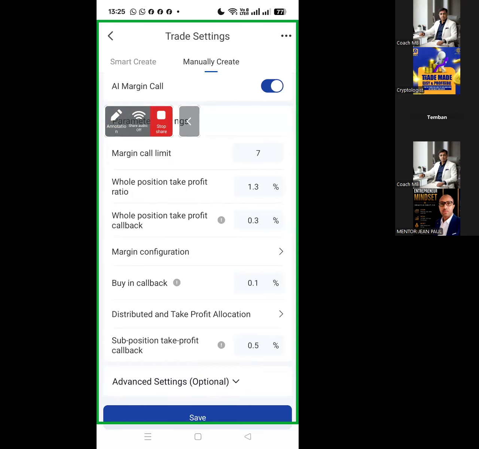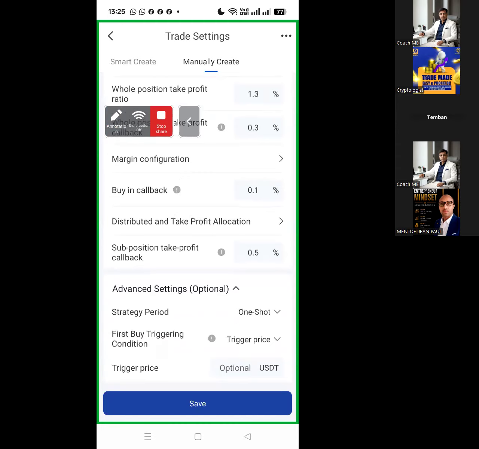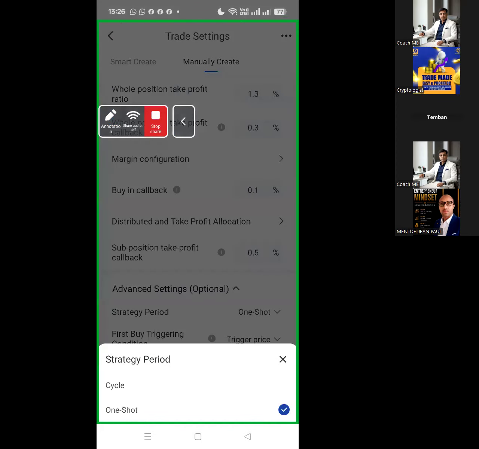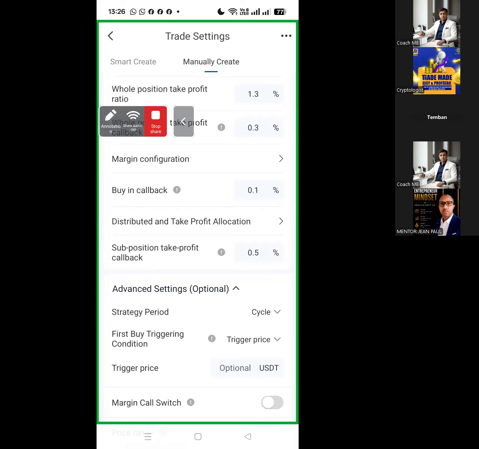You can click on this page like this and open it here. It can be used even in the one shot trade also, but it is more useful if you put a cycle trade here. So for those people who are trading on cycle, I hope you understand what is the difference between trading on cycle and one shot.